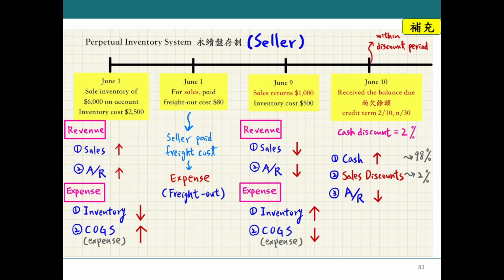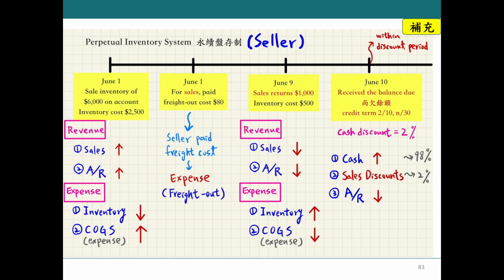So what's next? After we deliver the products to customers, maybe the customer likes it or doesn't like it, right? So what if the customer doesn't like your products? What could they do? The customer returns the product back to you, right? So don't forget, at the beginning, you recorded two things. When the customer returns inventory back to you, you still have to record two things, okay? First is about revenues. Since the customer returned the inventory, the sales revenue you earned from the customer should decrease, right?